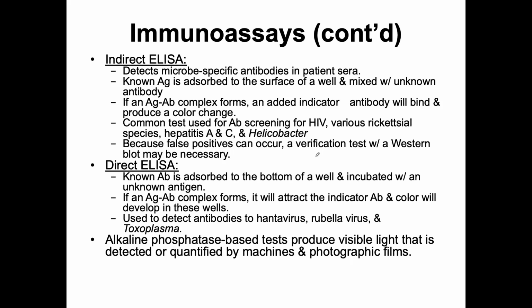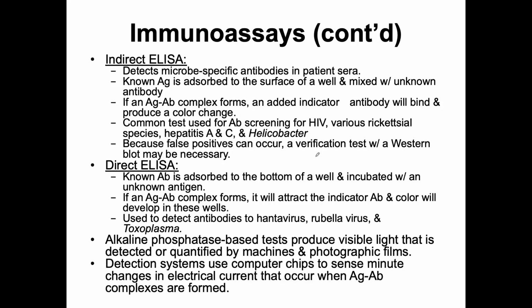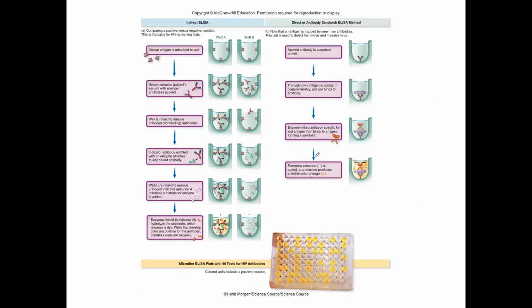Alkaline phosphatase can be used for visible light, okay, that can be quantified by a machine or on a photo. There are computer chips that can pick up tiny changes in current that happen when antigen-antibody complexes are formed. So that's another way of determining whether you've got a reaction.